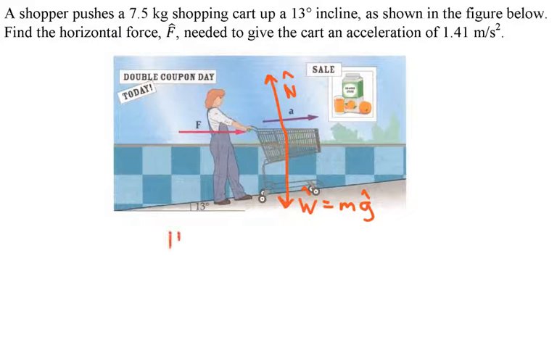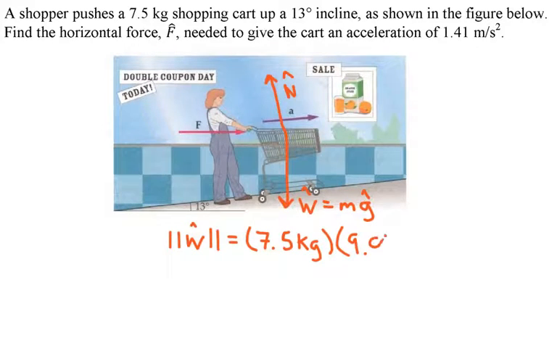So to solve for the magnitude of the weight, all I have to do is take the 7.5 kilogram shopping cart times 9.81 meters per second squared, acting downward.